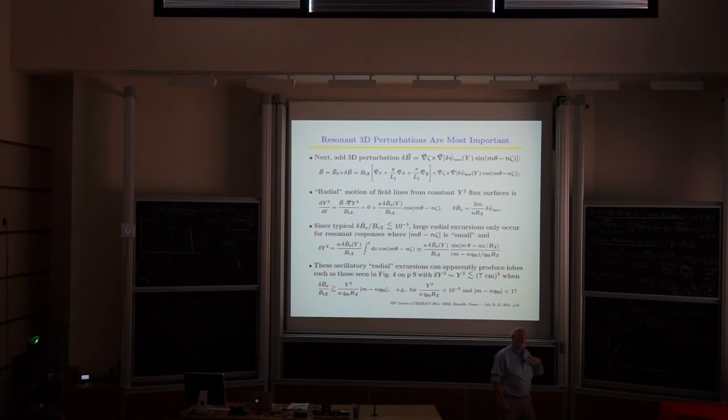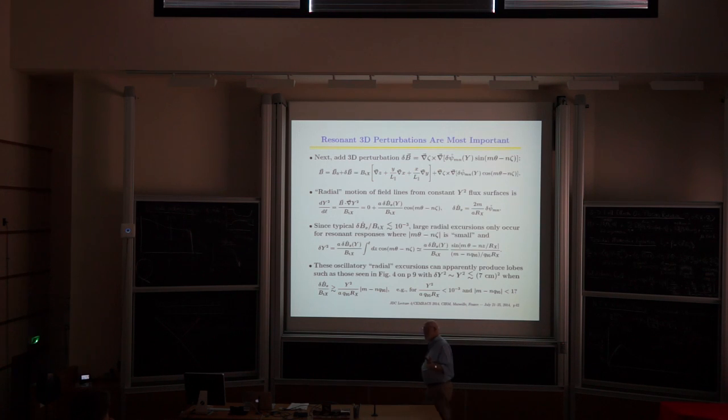However, if I'm resonant, then it turns out I go a long distance along the field line in resonance here. And so I get 1 over m minus n q, it turns out. And so I get a bigger excursion.